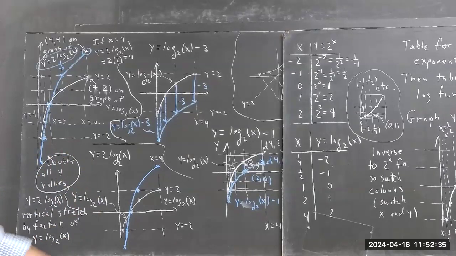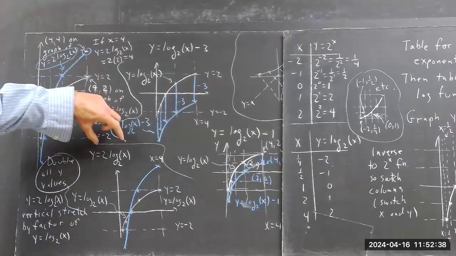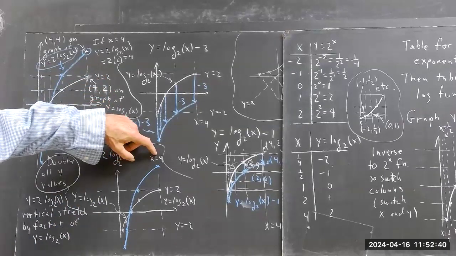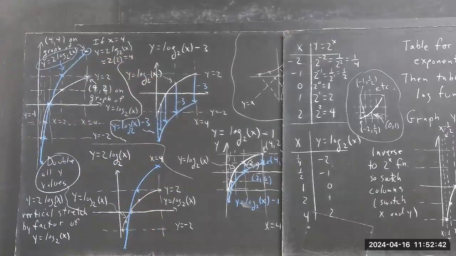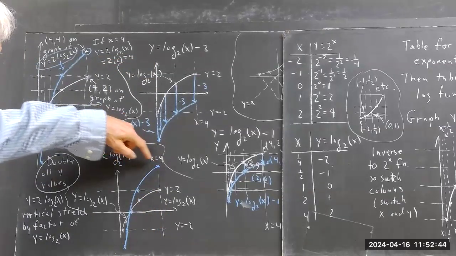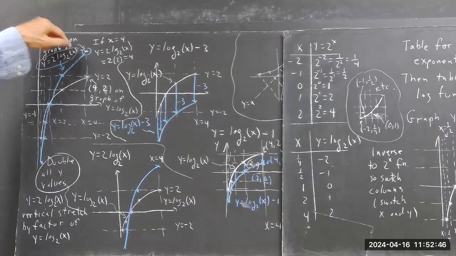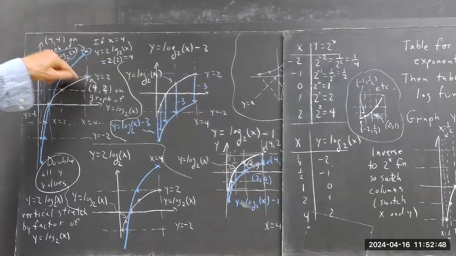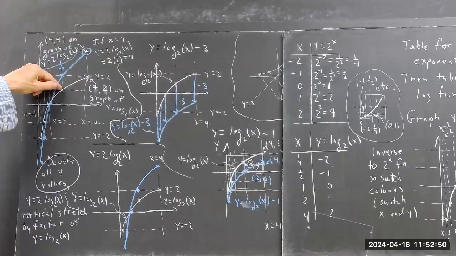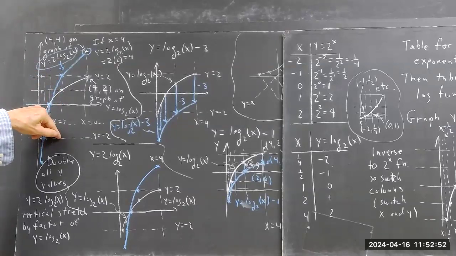Well, all your y values are going to be the same as the 2 log base 2 of x values, but 3 units less. So the point 4, 4 will go down 3 units to 4, 1. This point will go down 3 units, end up down here. This point will go down 3 units, and so forth.